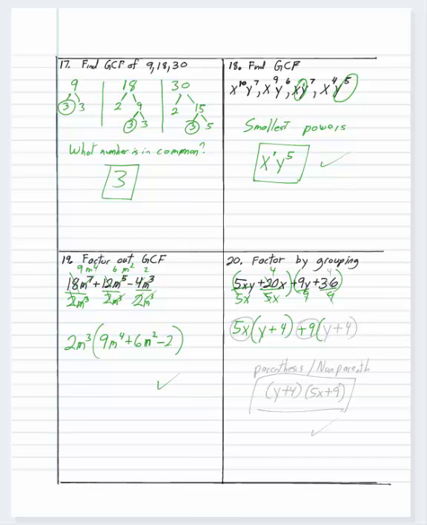And again, we are left with y plus 4. Notice that what's inside parentheses is exactly the same. So let me write that down one time, y plus 4. And right next to it, I'm going to write out the non-parentheses parts, which would be 5x plus 9.